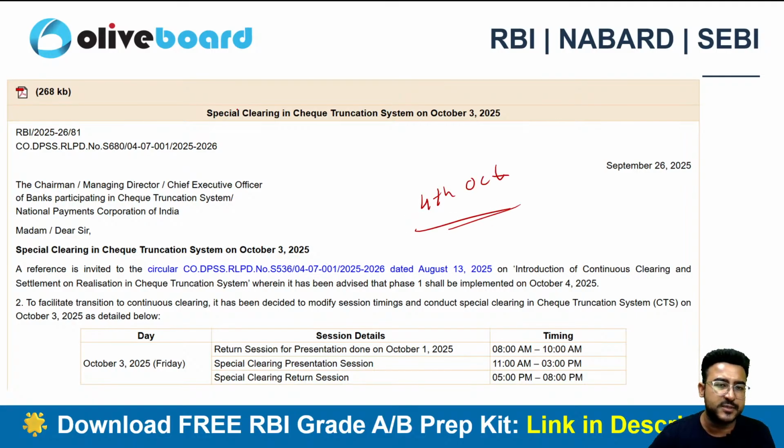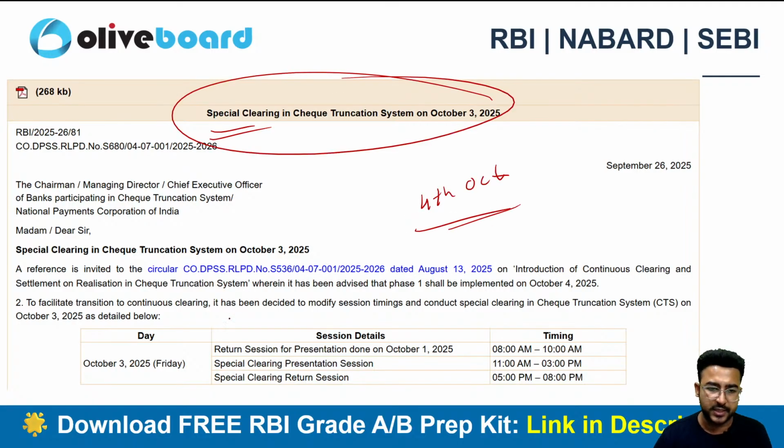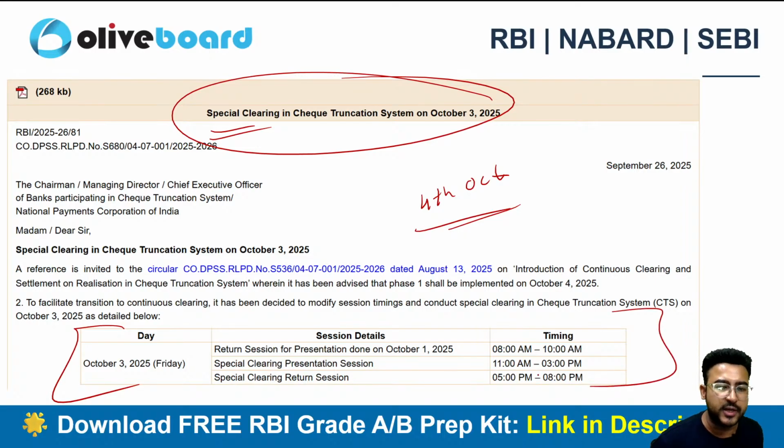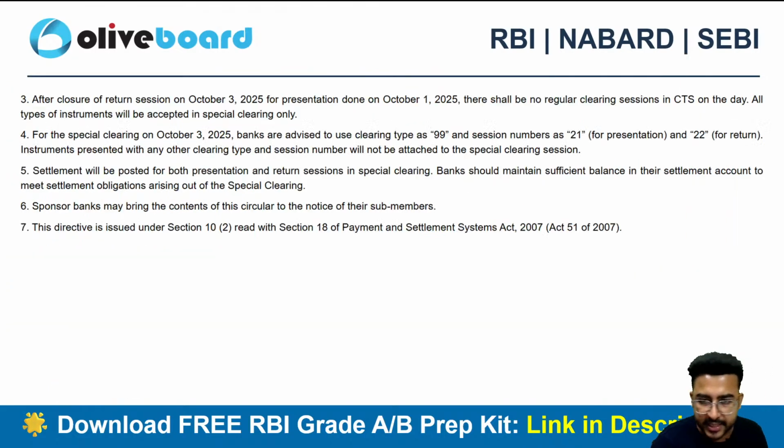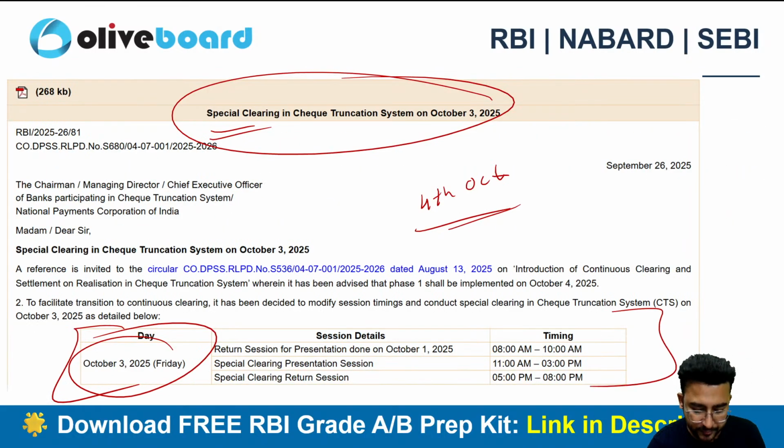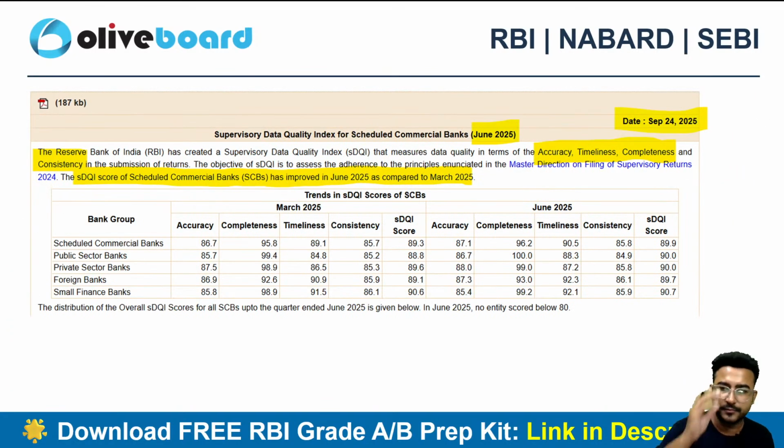So that's why it's a special clearing session for 3rd of October, right? Now you don't have to remember this particular timeline. This is just for 3rd of October 2025. What you need to do is remember the circular that we studied, right? This is a one-time event. Basically, this is a one-time event.